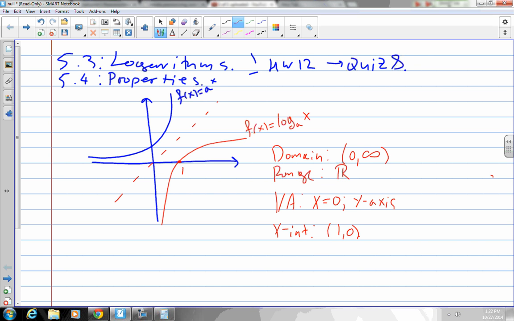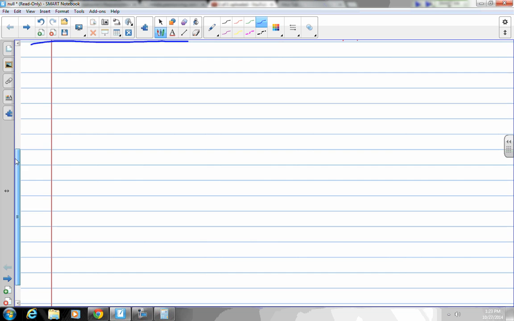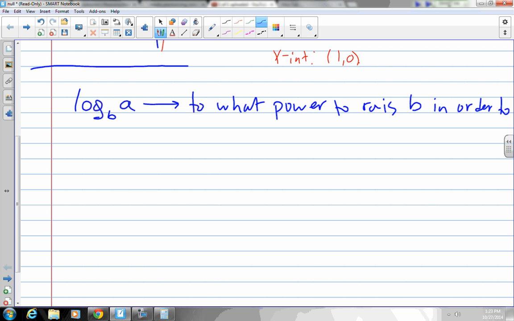So these are the basic properties, and the idea is, when we see log base b of a, it's really asking us to what power to raise b in order to get a.